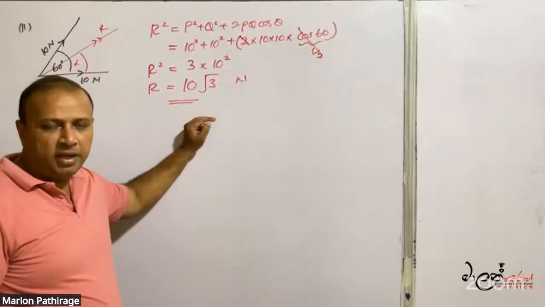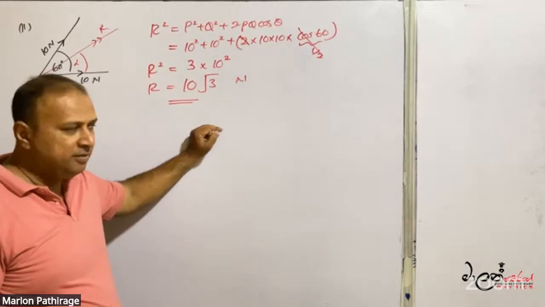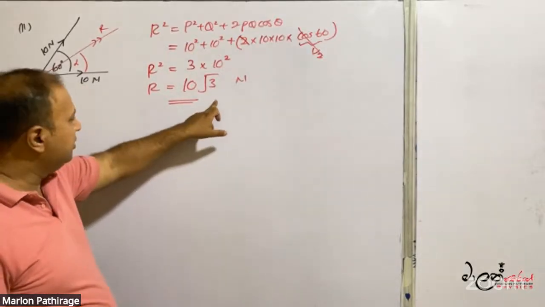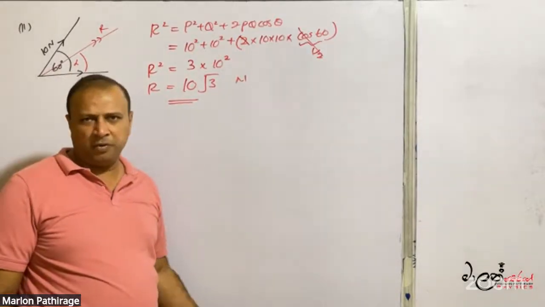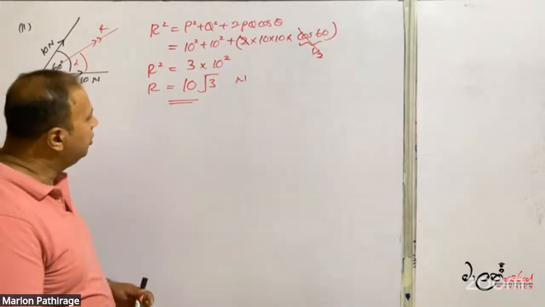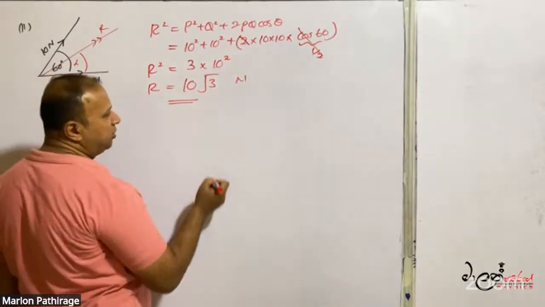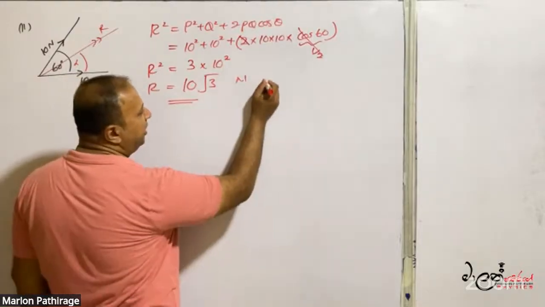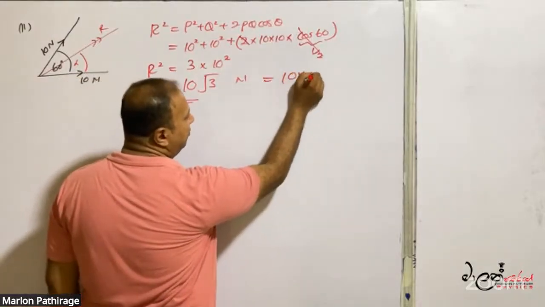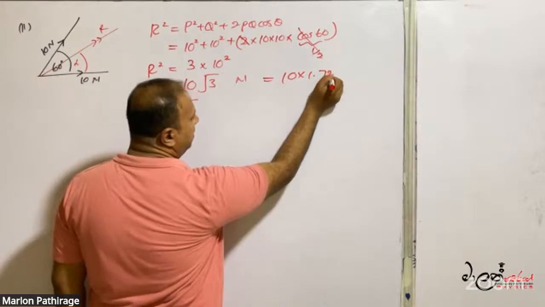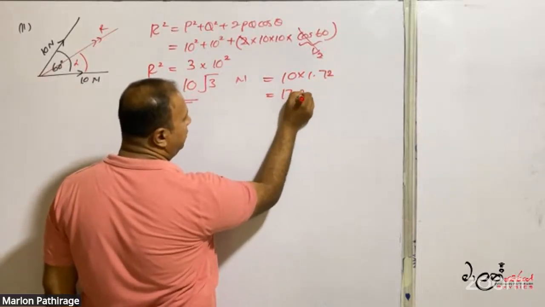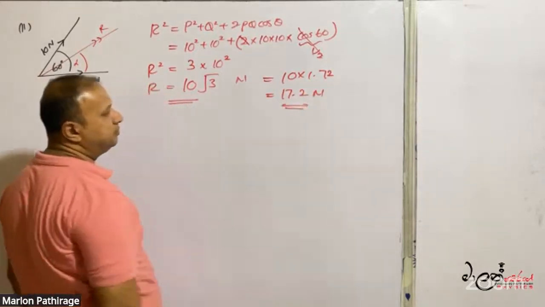Yes, that's totally okay. Root 3 is equal to 1.72, then you can multiply it by 10. That means 17.2 Newton. That is all.